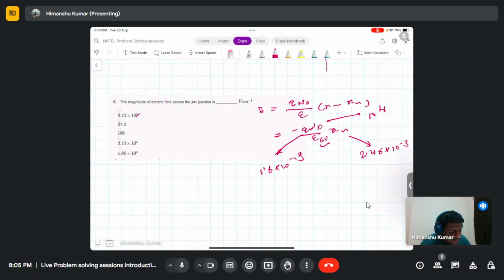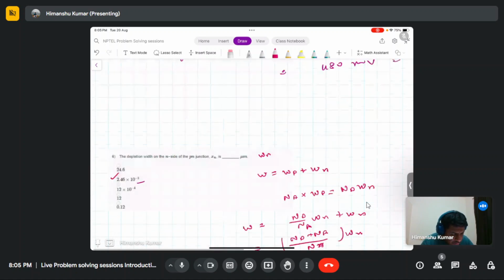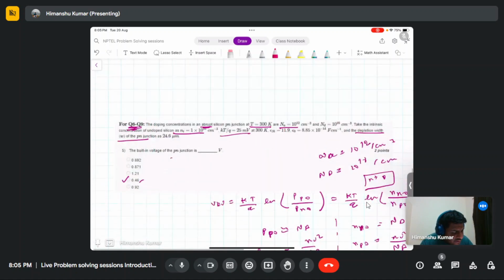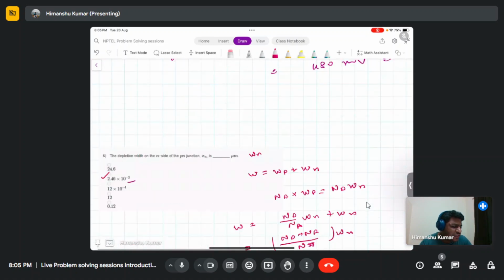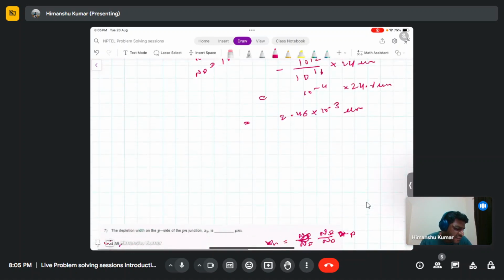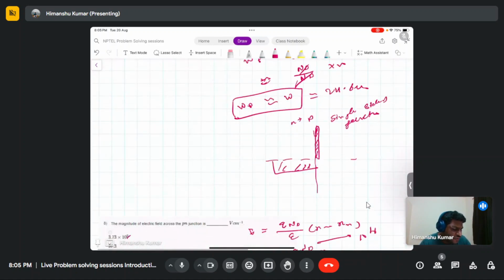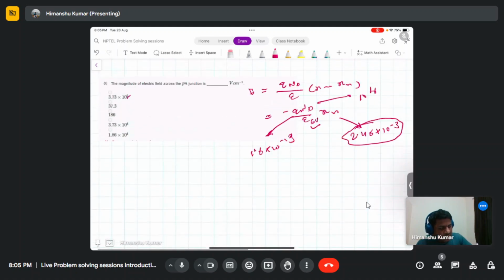And then, basically here you need to do unit conversion, because epsilon is given in farad per centimeter. Then you need to take the width unit also in centimeter, so that you will get the final field profile as volt per centimeter.